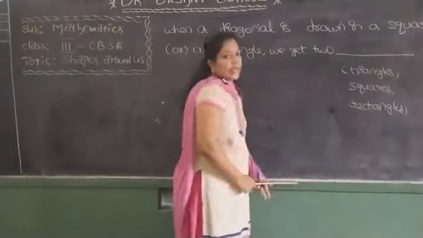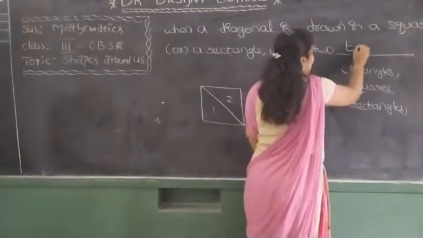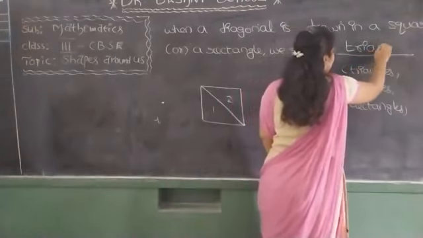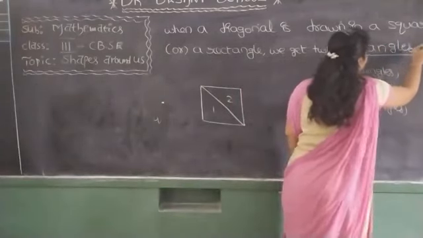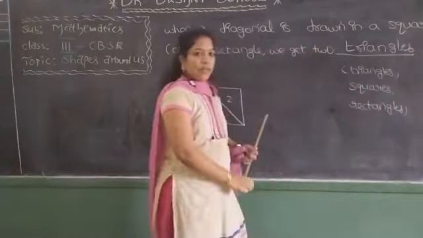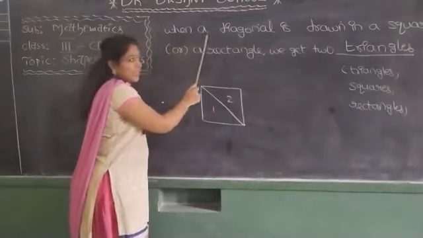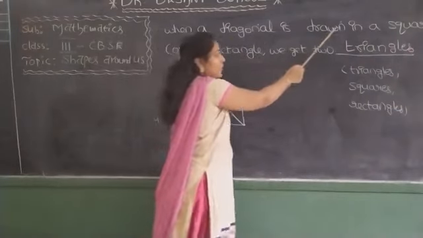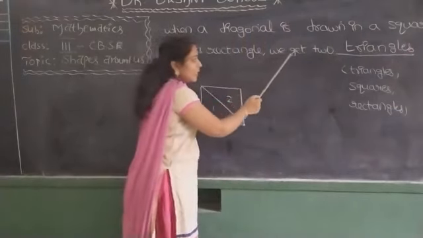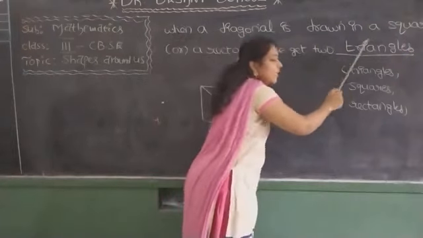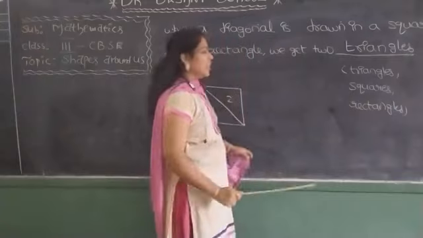That one you have to write down in the blank in your book. Triangles. See the blank again. When a diagonal is drawn in a square or a rectangle, we get two triangles. Isn't it? Yes, good children.